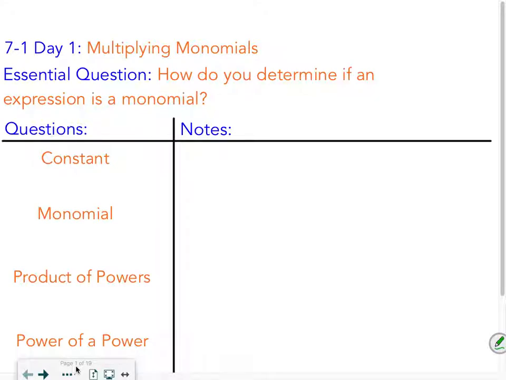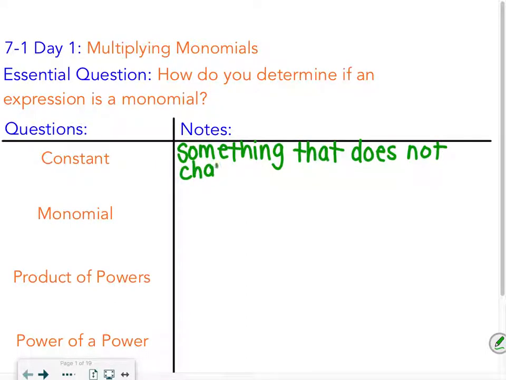So a constant is something that does not change. A monomial is one term, which I'll show a bunch of those on the next slide to give you examples of what a monomial is.